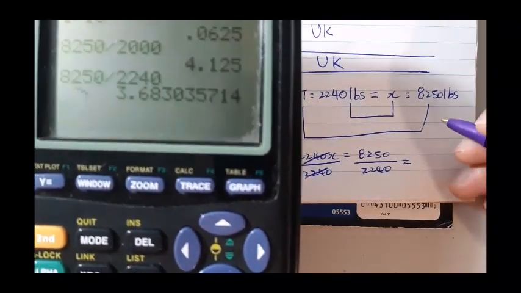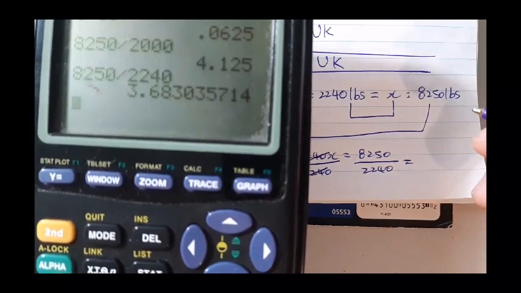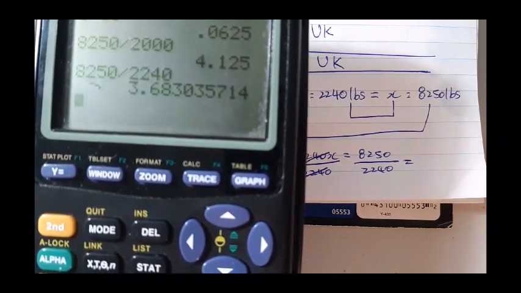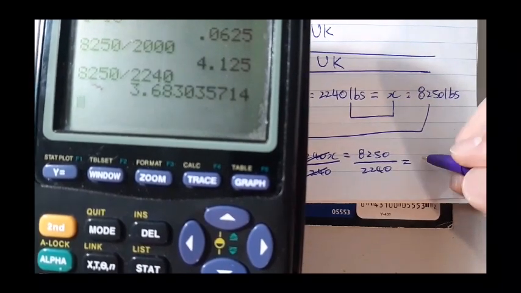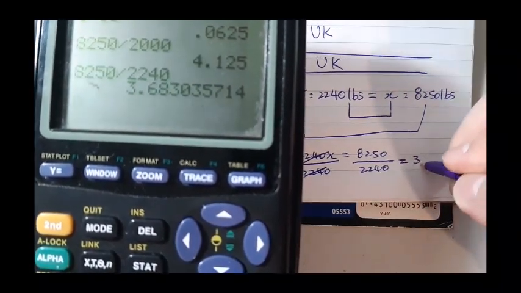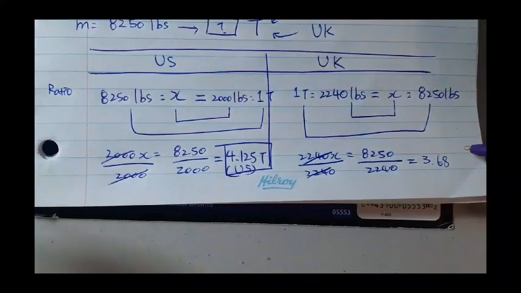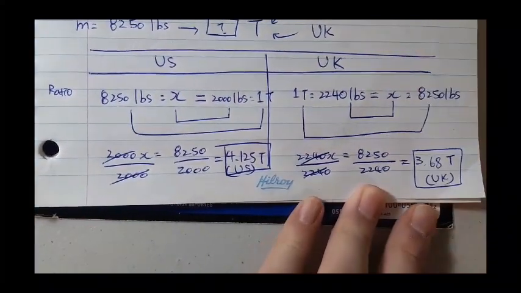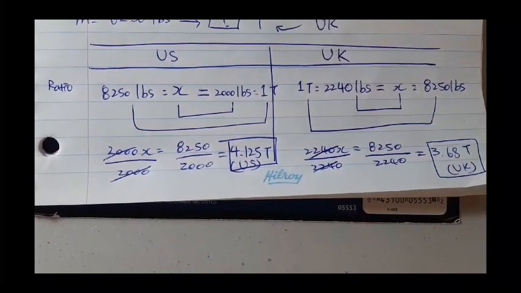Now the number gets a little nasty because 2240 is more ugly than 2000, so we do need to round it. Let's round it to 2 decimal places, 3.68 tons in UK. That's what you can do.